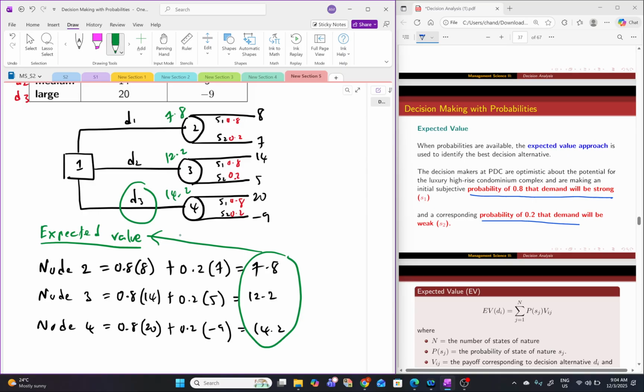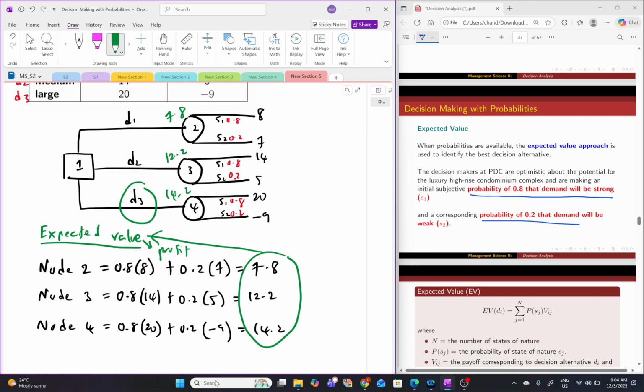But what is the value? It is actually profit. In our case, this is profit. So basically, this is expected profit. So this is how you do it. Whenever a question is given like this, this is how you answer.